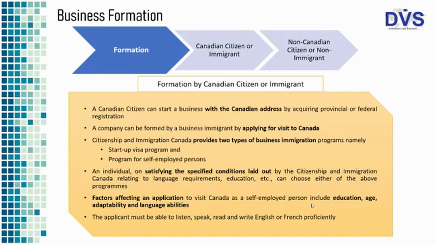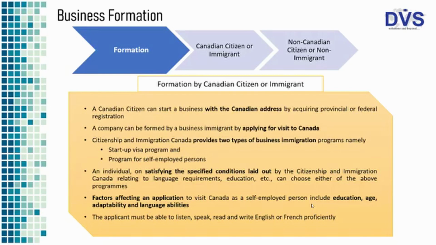An individual, on satisfying the specified conditions laid out by Citizenship and Immigration Canada relating to language requirements and education, can choose either of the above programs, be it the startup program or the program for self-employed.